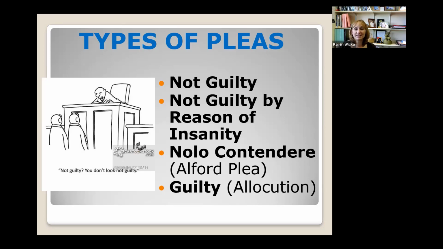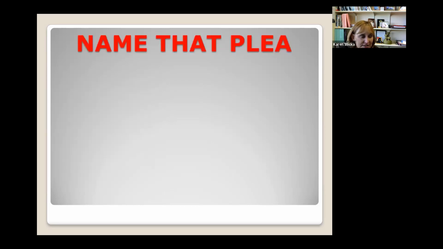The judge is going to ask you, is this of your own free will? Did anybody force you or offer you anything to do this? So you're going to have to answer certain questions that the judge asks. And then you're also going to probably have to explain to the judge what you did and how you did it to accept responsibility for your actions.